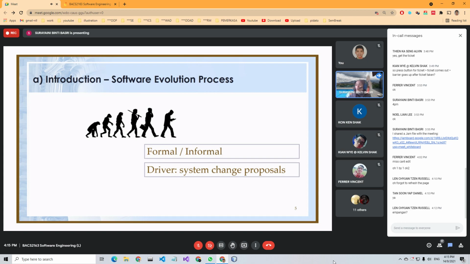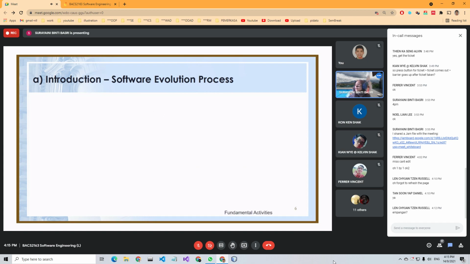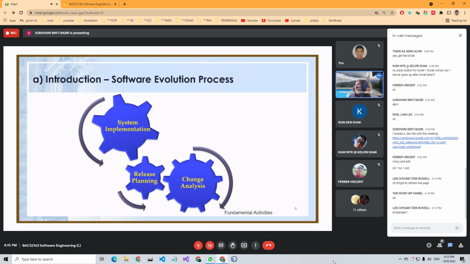The driver or trigger of the software evolution process is when somebody proposes a change to the system. That is the trigger of how software evolution may start. These are the processes in software evolution.